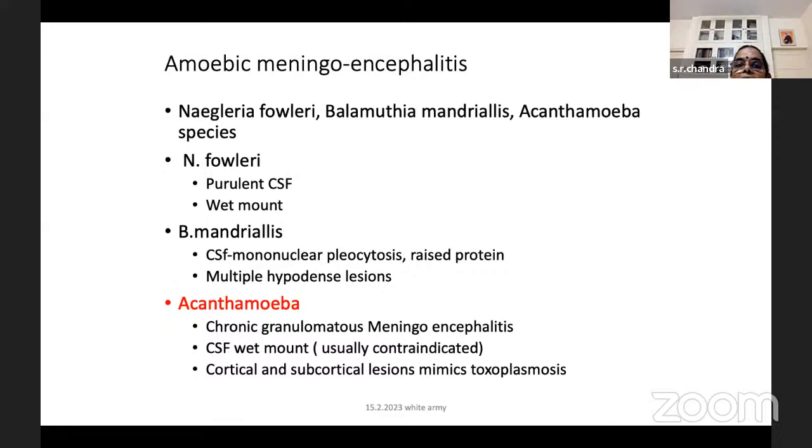You saw the multiple abscesses in the capsuloganglionic region, so it can be mistaken for toxoplasma. In this patient, the atypical features were a prolonged course, lack of exposure to contaminated pond, and being immunocompetent. Still he got it.